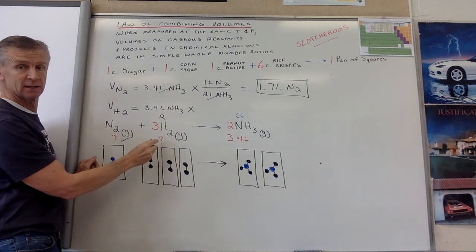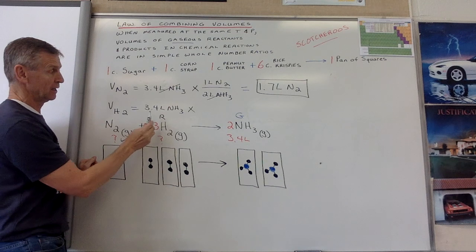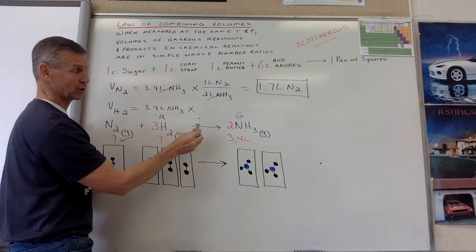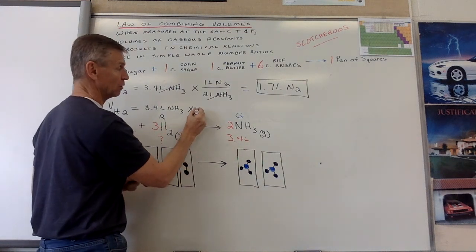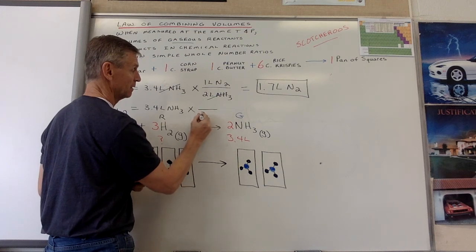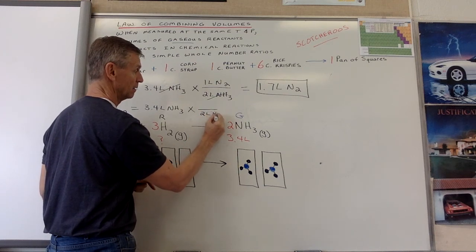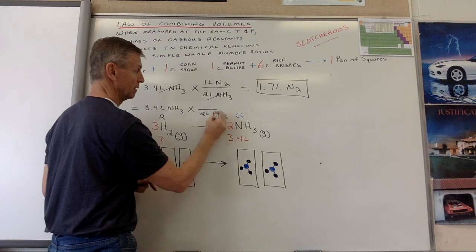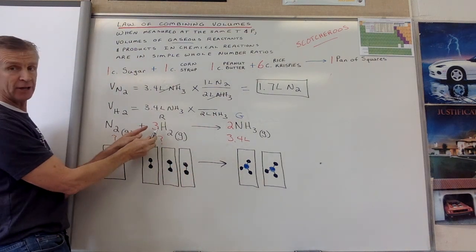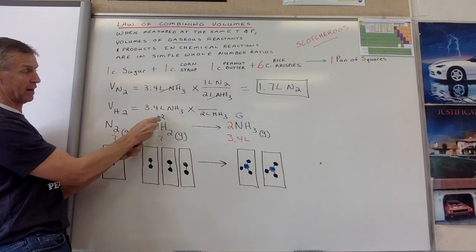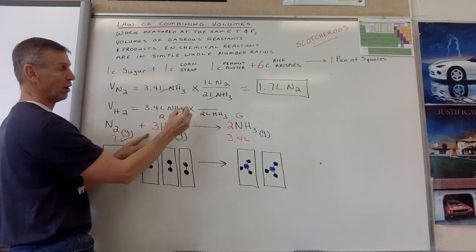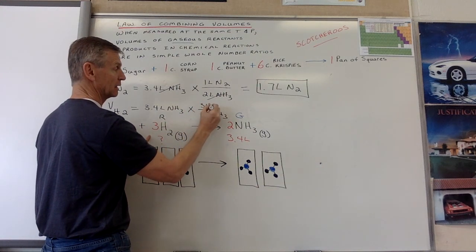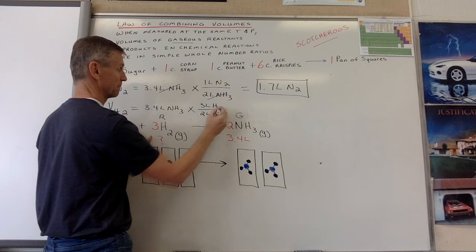I already did the other one. Now I'm figuring this one. I started with ammonia, so once again, ammonia's balancing number goes on the bottom. And my hydrogen, which I'm trying to figure out, is my required, will go on the top, and I have 3 liters of hydrogen.